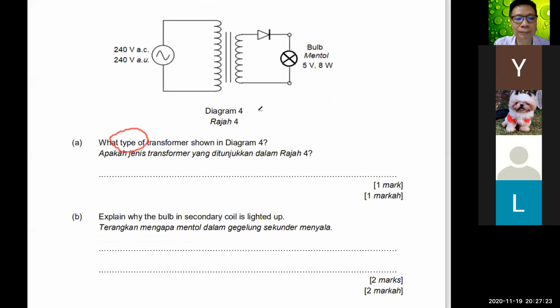Okay, next one. Explain why the bulb in the secondary coil lighted up. Very good question, you know. They ask you why this bulb will light up.